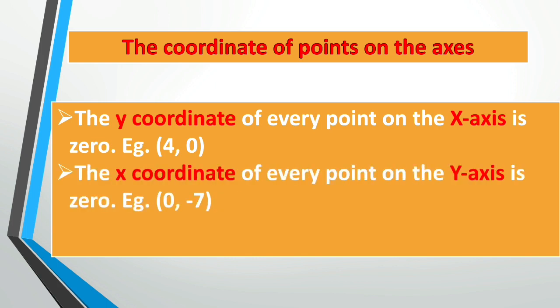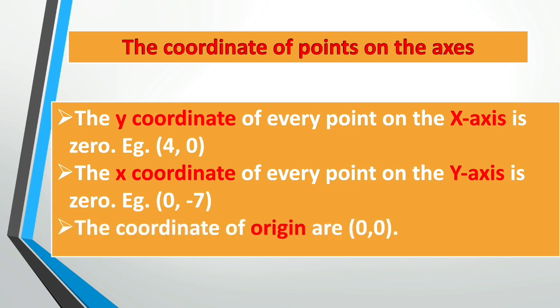The x coordinate of every point on the y-axis is 0. Example, the coordinate of x will be 0 and the coordinate of y will be any number. It means that it lies on the y-axis. The coordinate of origin means x and y will both be 0. Then we can say it is origin.